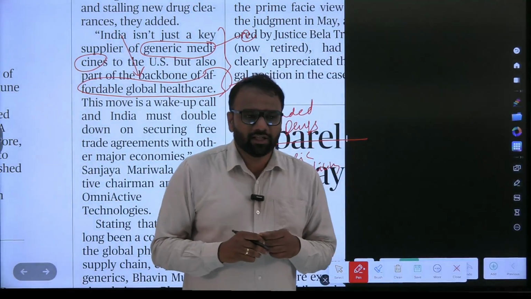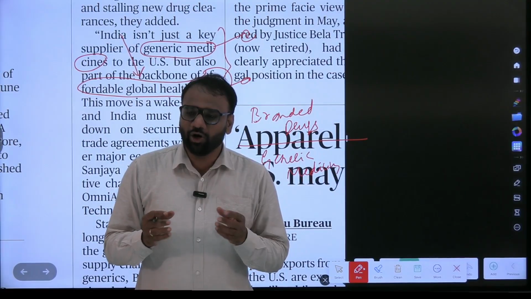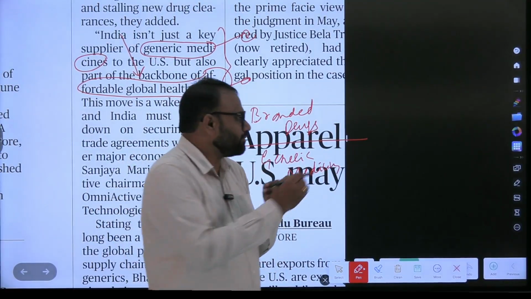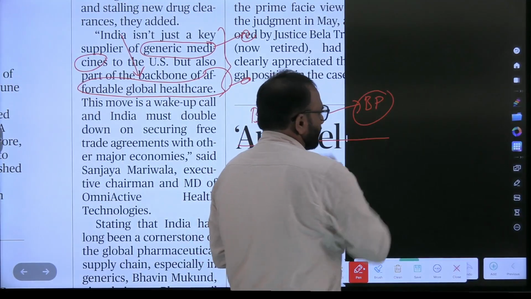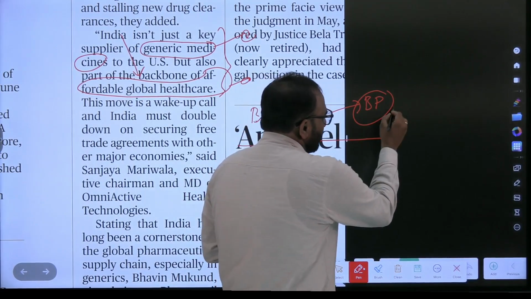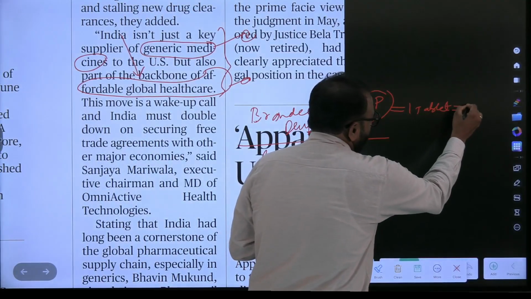Branded drugs are the ones whose makers initially did the research and development and produced a particular drug. Let's assume a drug related to blood pressure. Let's assume one tablet costs around 10 rupees.